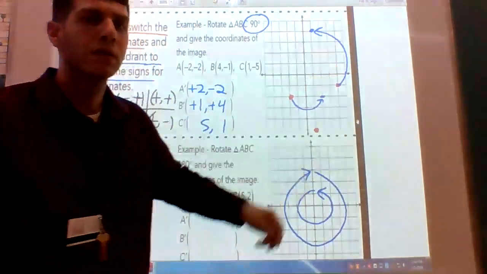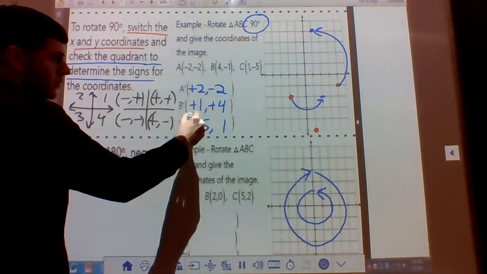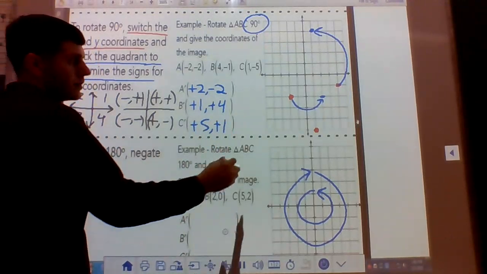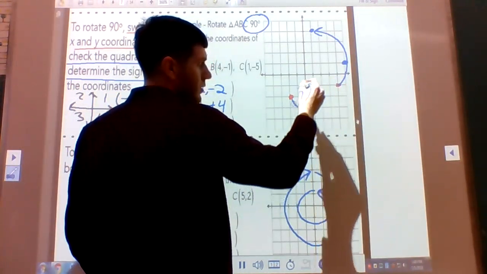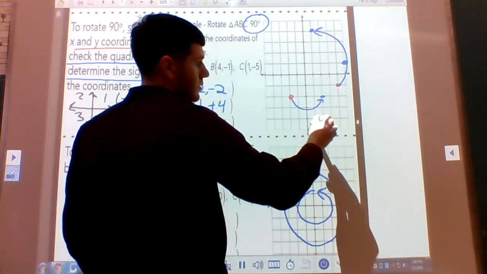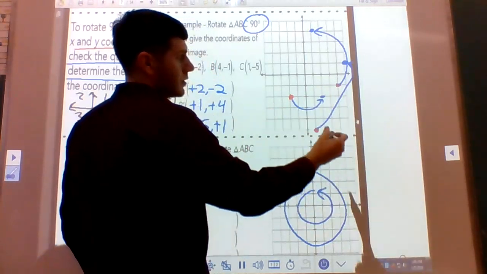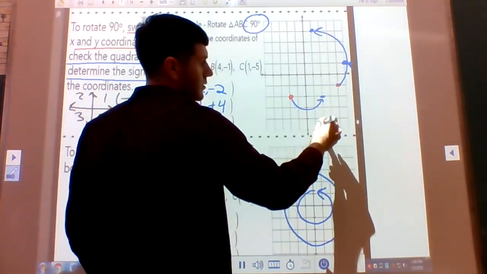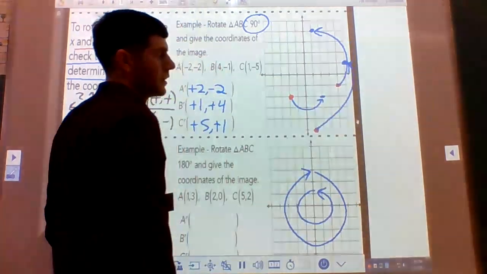That's going to be quadrant 1. Quadrant 1 is positive, positive. So +5, +1. You can imagine a circle. We're going 90 degrees over.